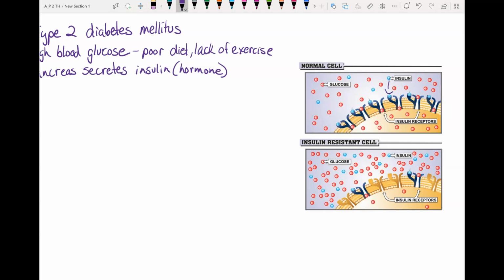So when insulin binds to the receptor, that gate opens and glucose goes into the cell.